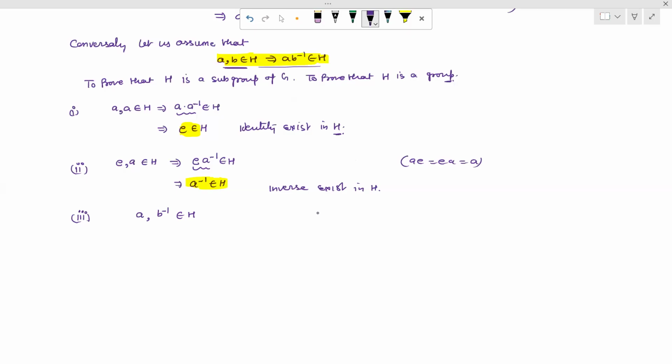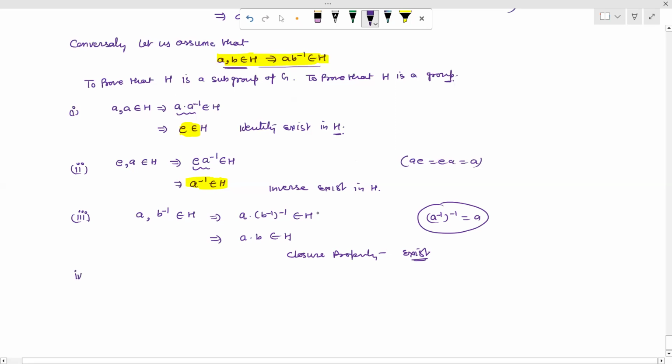So when we take a into b inverse belongs to H, which implies that a into b inverse to the inverse also belongs to H. We have proved a theorem that a inverse to the inverse is equal to a. So this gives us b inverse to the inverse equal to b, so a b belongs to H. So closure property is satisfied.